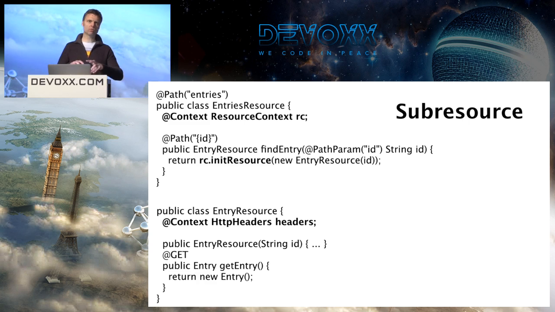So everything you get in the request class outside that call, you will have available in terms of dependency injection inside that new instance. So I could, in my entry resource now, for example, inject an HTTP headers instance to get access to the current HTTP headers. This is something that was not possible before.